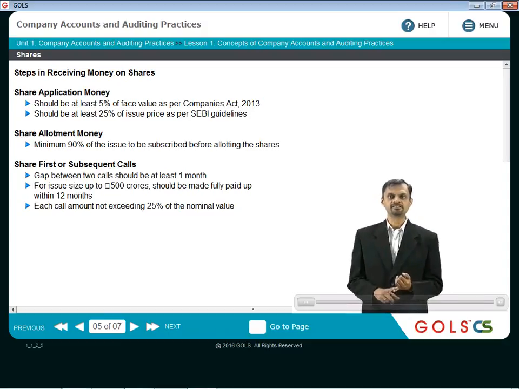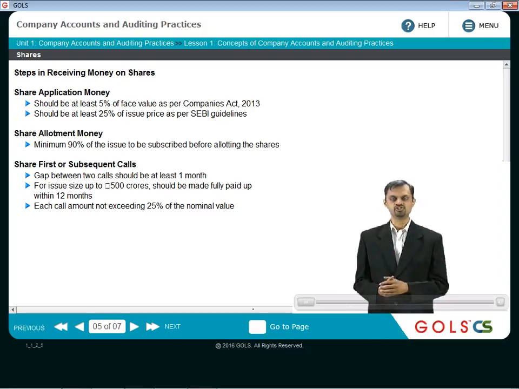It has to be at least 5% of the face value as per Companies Act 2013. So suppose the face value of each share is 10 rupees and the company is issuing these shares at par. Then the application money has to be at least 5% of the face value, which will be 50 paisa in our example, 5% of 10.